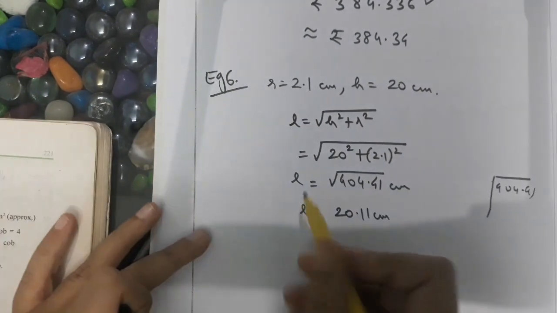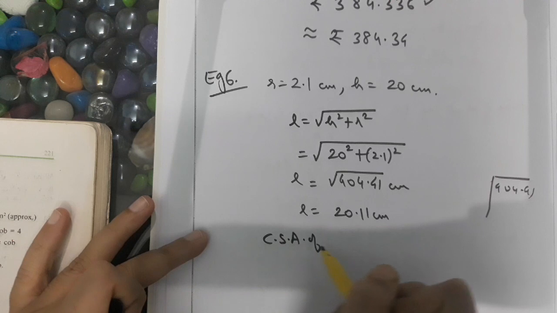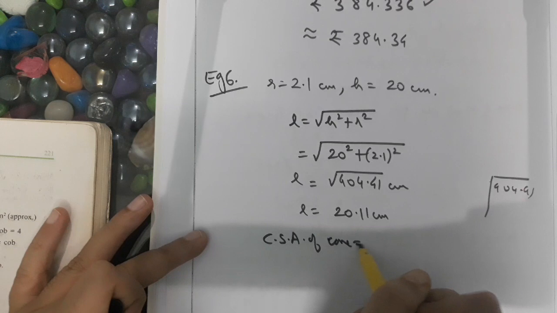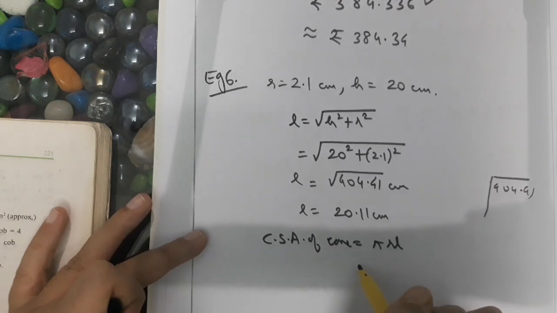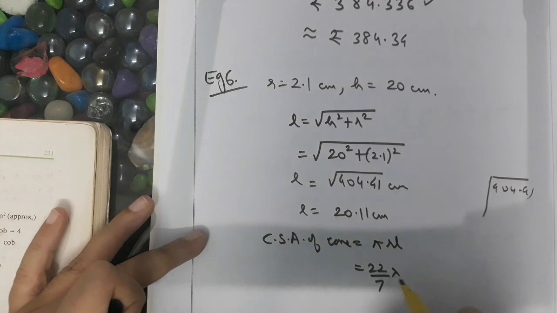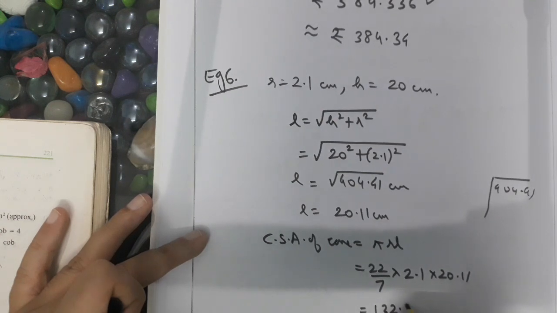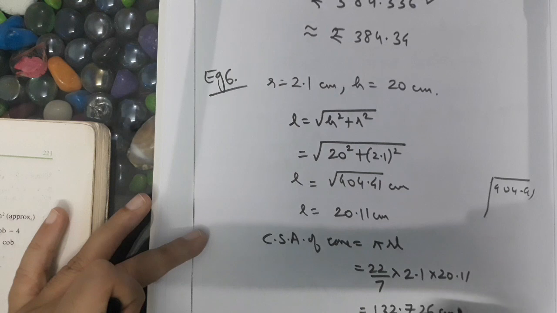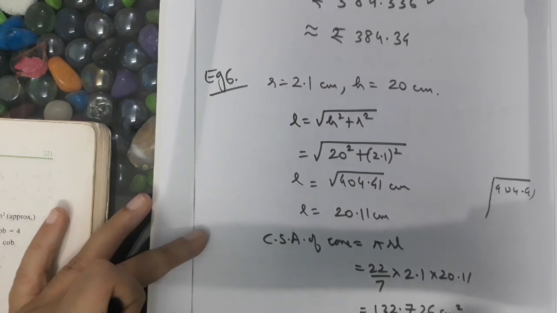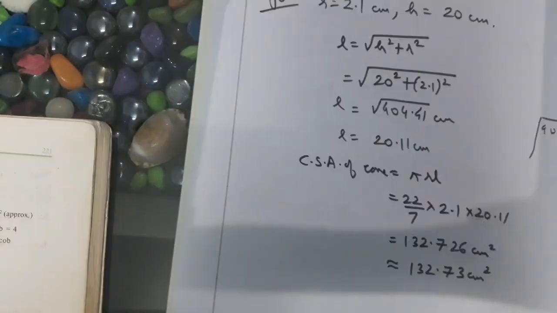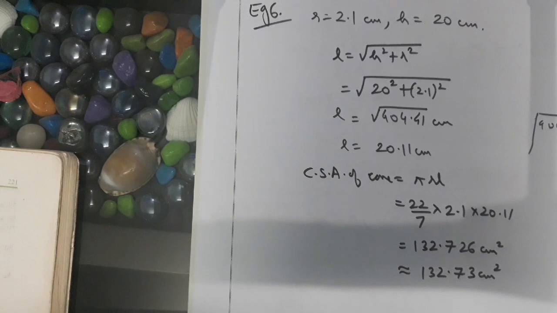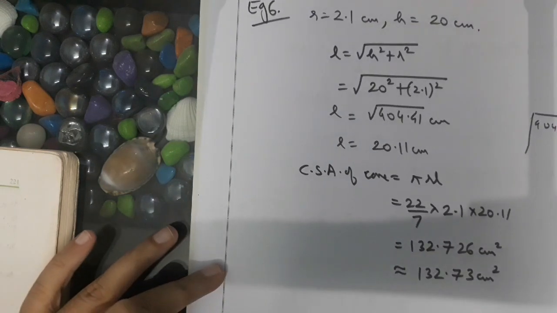Now we find out the curved surface area of the corn cob or the cone, which is pi r L. We substitute the values, pi into r into L. So this on solving comes out to be 132.726 centimeters square, which can be written as 132.73 centimeters square on rounding it off up to 2 decimal places. This is the curved surface area of the corn cob.